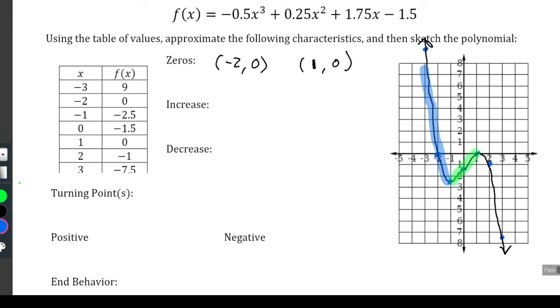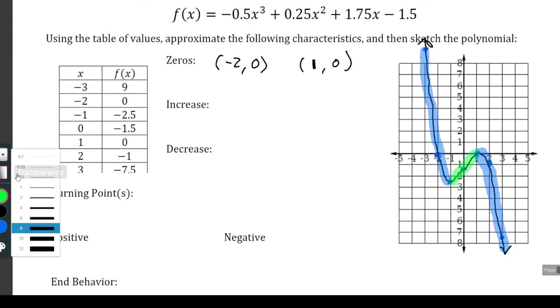And when you're looking for increasing and decreasing, you're always looking from left to right. So as you look from the left going towards the right, what is the graph doing? So let me put my sizes back.